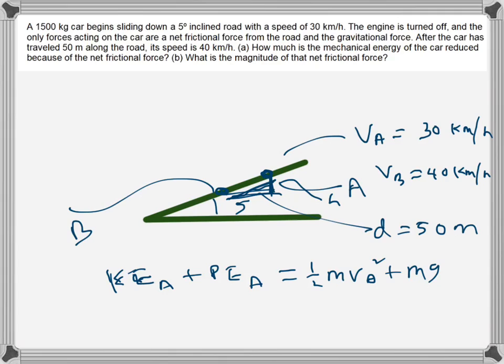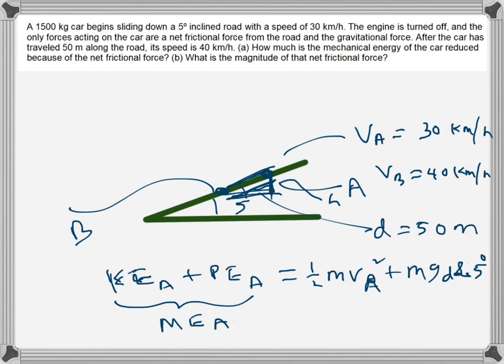This distance is d, 50 meters, and the angle we know is 5 degrees. So the height will be d sine theta, theta is 5 degrees. That's the total mechanical energy at A, we can call it MEA.